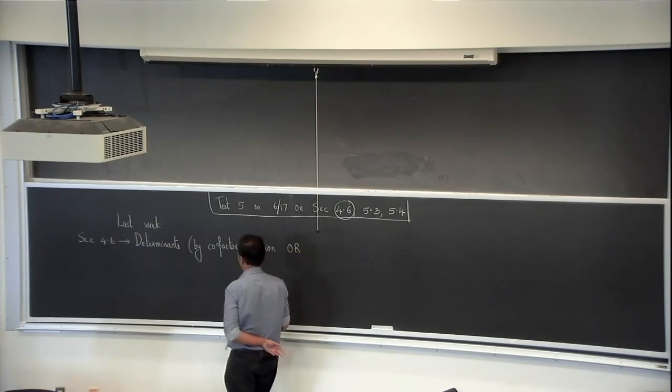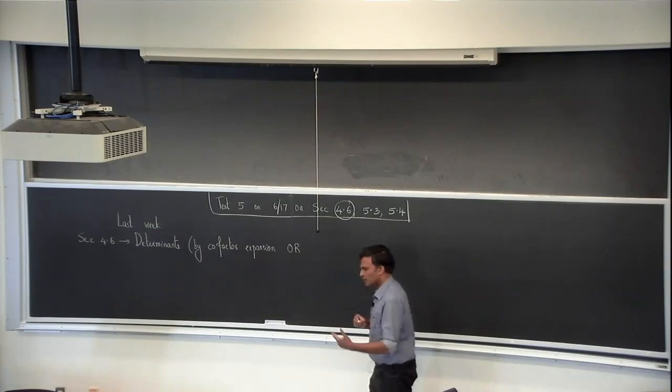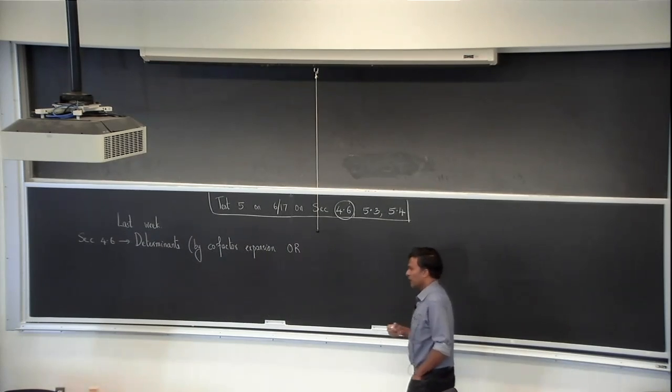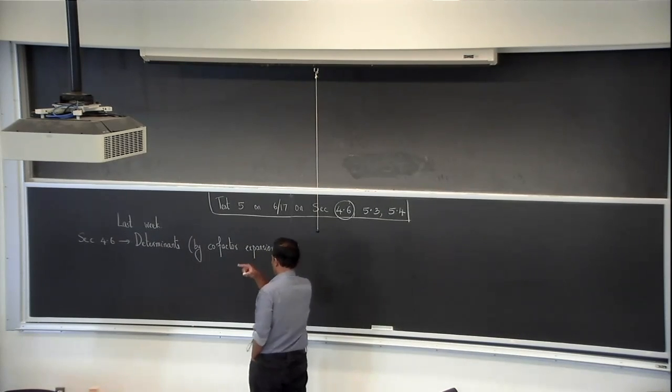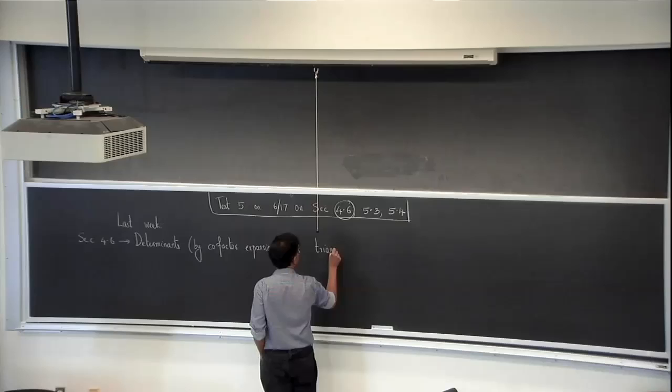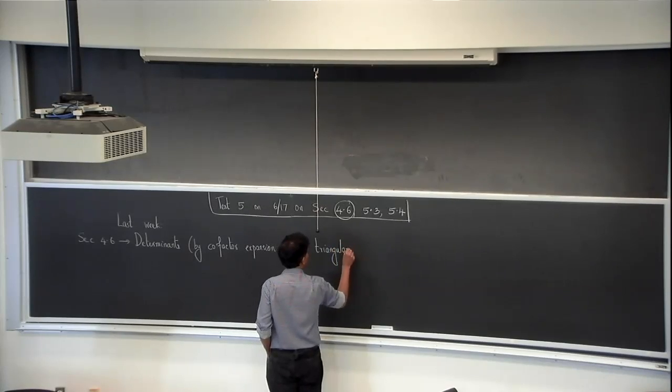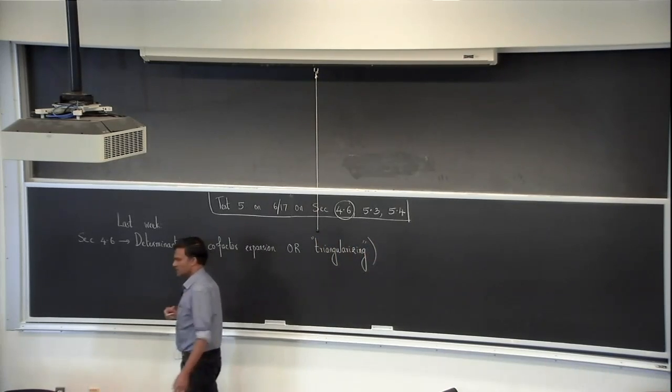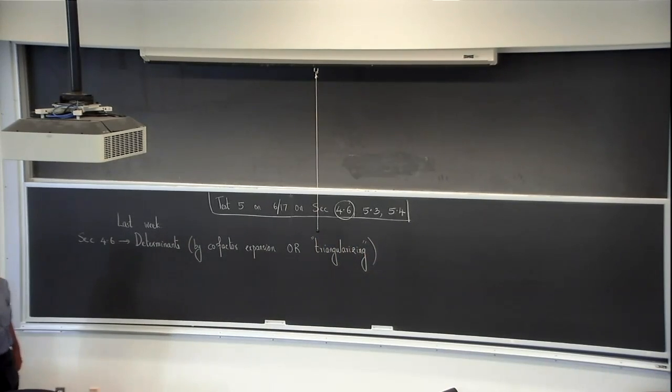or by triangularizing it, which means you could convert it into an upper triangular or a lower triangular determinant and then multiply the numbers along the main diagonal. There is a word that is designed especially for this purpose, triangularizing.